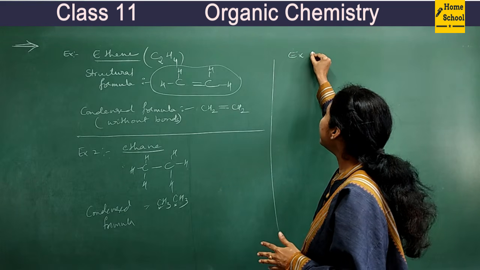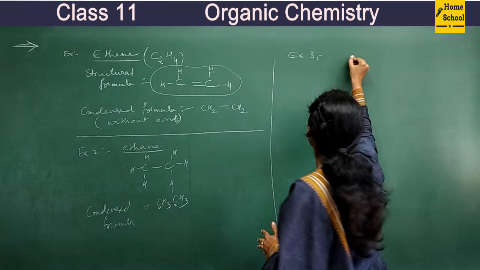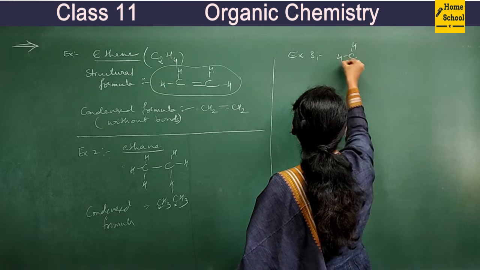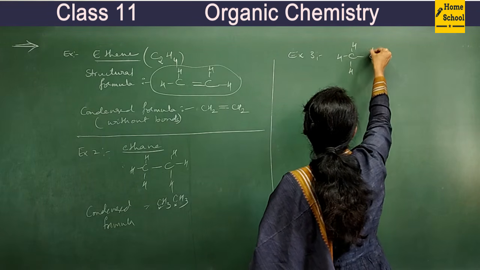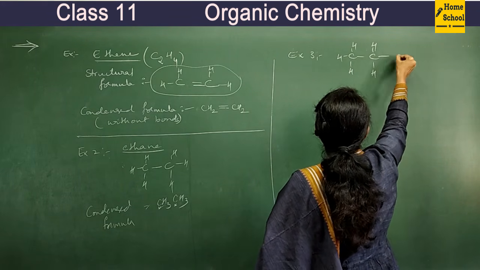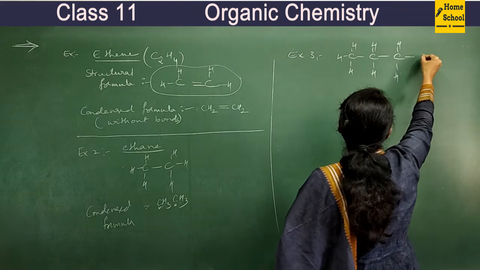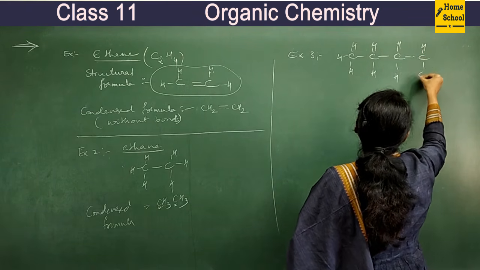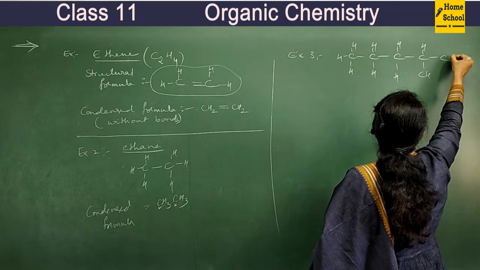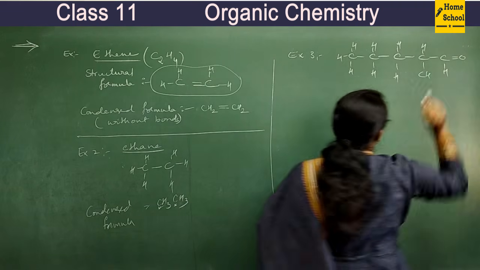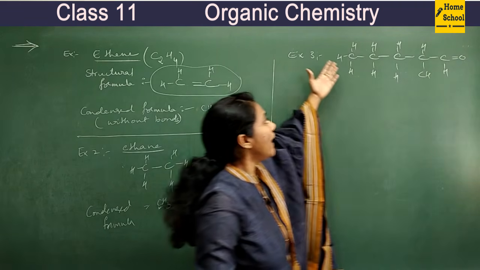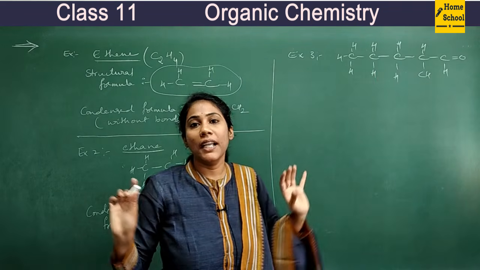Now I will give you another example. Try to write the condensed formula on your own. I'll give you an expanded formula: H, CH, COH. This is one expanded formula I gave you.